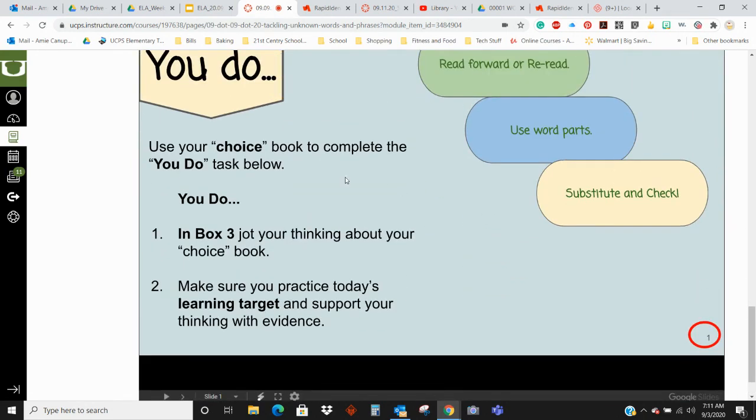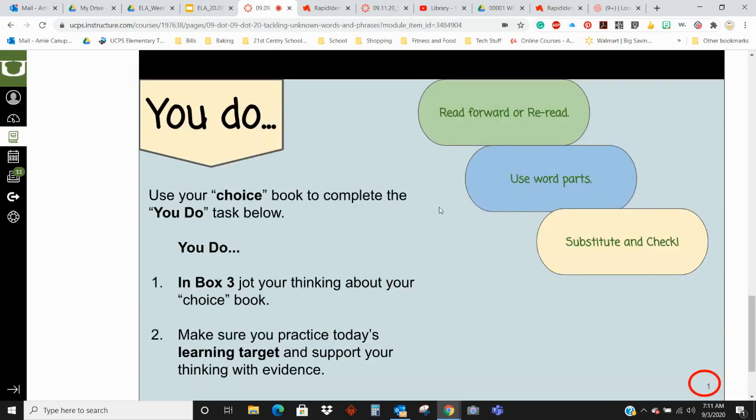Before the live session, do a stop and jot in box 3, jotting down your thoughts about your choice book. You'll want to make sure that you're looking for unusual phrases in your reading. It may be figurative language, it may be a metaphor, a simile or personification. Those would all be great examples to explain in your box 3 for your UDO.